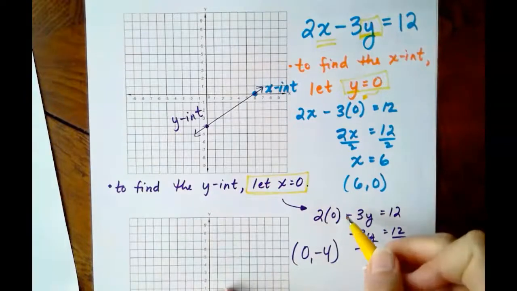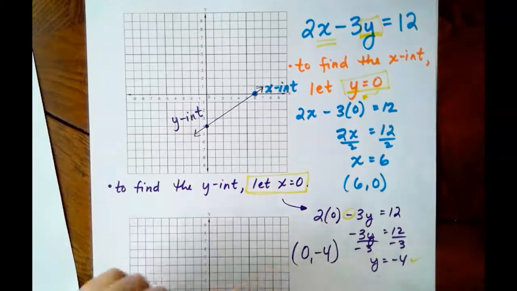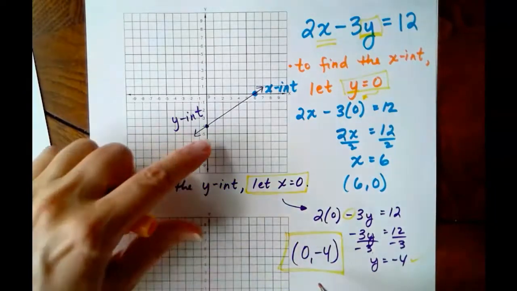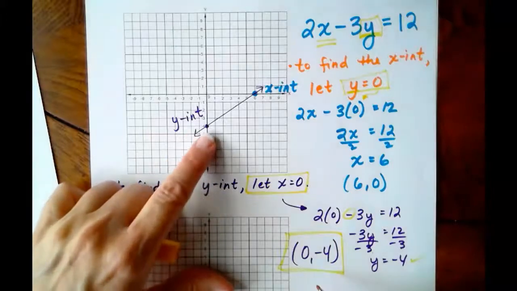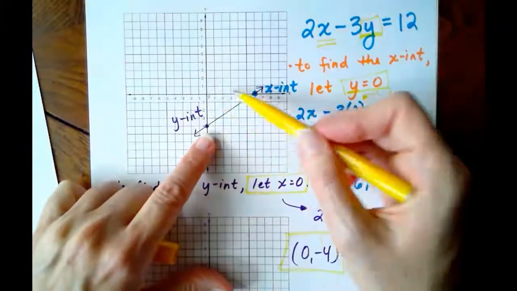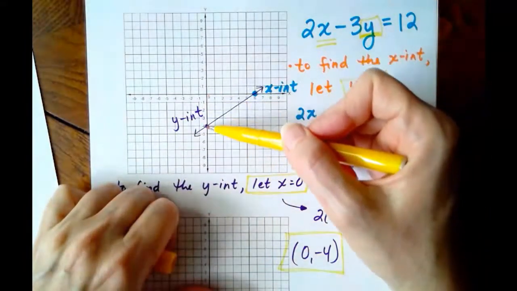Remember to focus on the sign in front of the number, not behind. Negative 3y equals 12. Divide both sides by negative 3, and we get y equals negative 4, which translates to this point on the y-axis. So the x-intercept is over 6, up 0; the y-intercept is over 0, down 4.